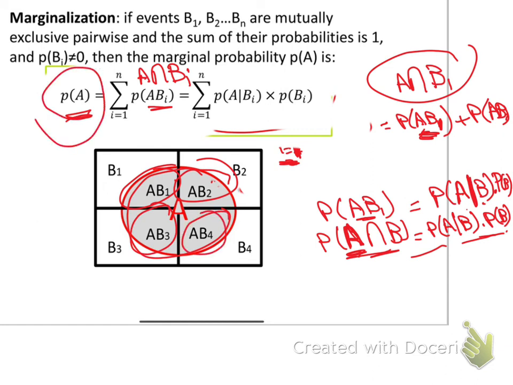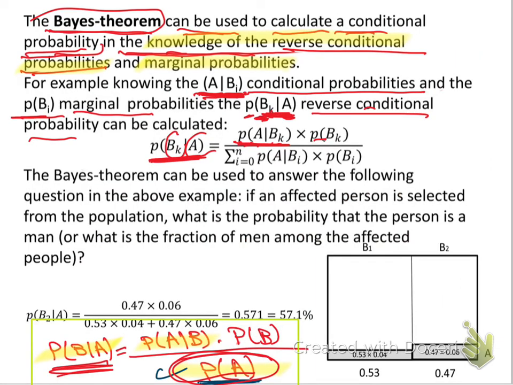So this is the probability of A. It is the sum of the probability of A given B1, the probability of A given B2, the probability of A given B3, and each one of them times the probability of Bi. So here you can memorize this formula, or you can use this one. But if you use this, you have to know the marginal probability as well. If you memorize the marginal, you can get it separately and just substitute here. No need to memorize all this big formula.